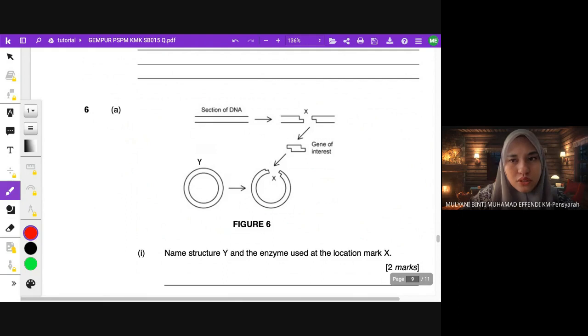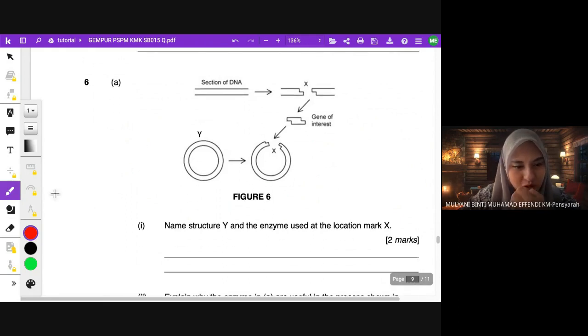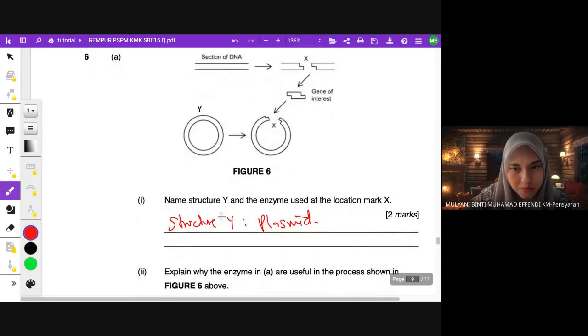Okay, lepas tu apa tadi? So name structure Y. Structure Y adalah plasmid. Okay, and the enzyme used at the location mark X, adalah enzimnya bezakan tau. Nak jawab ni jangan buat dalam ayat saja. Buat macam titik bertindih yang ni lah.